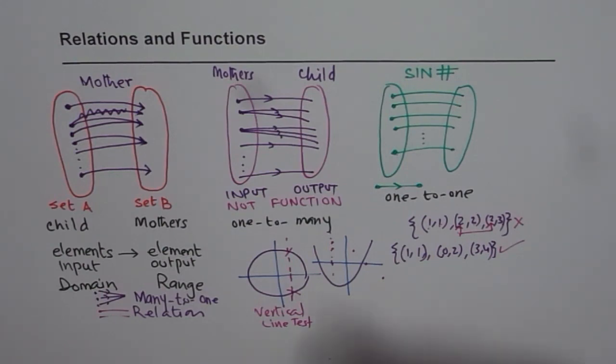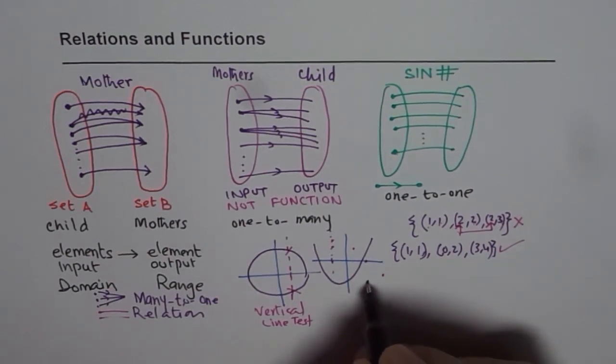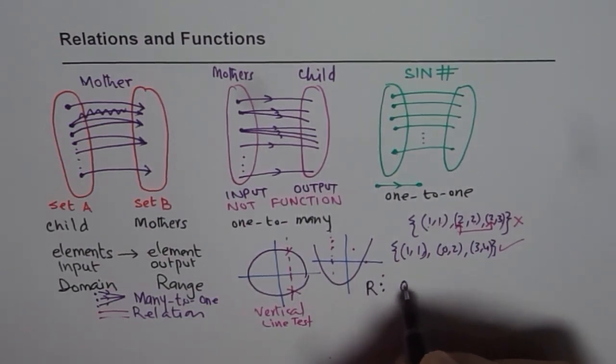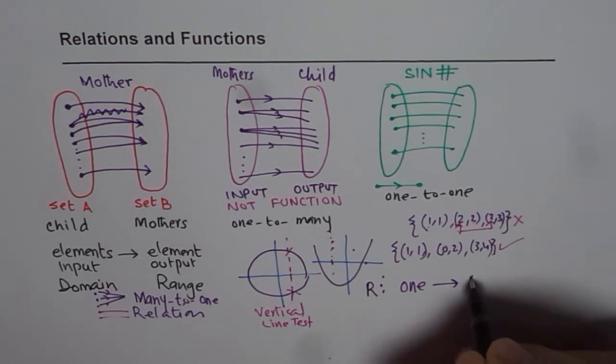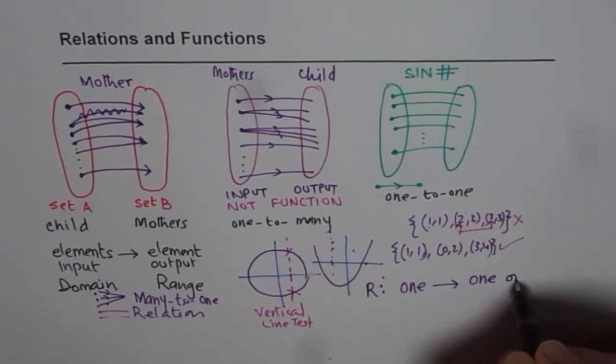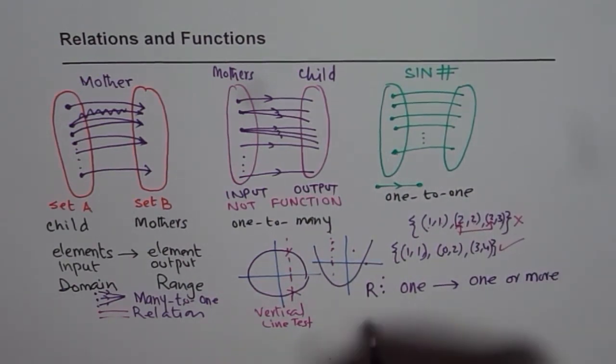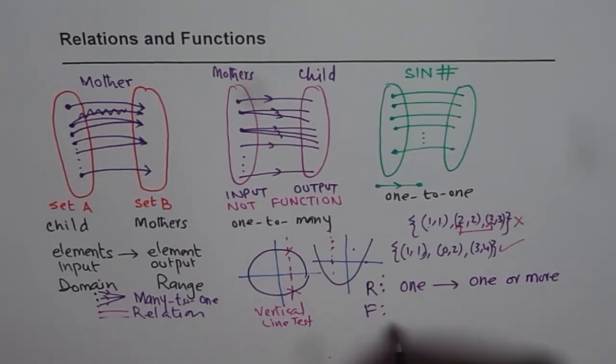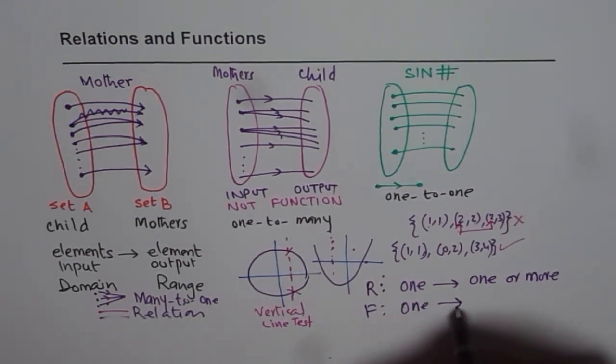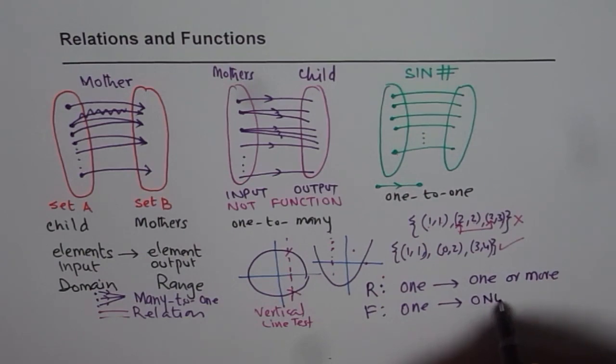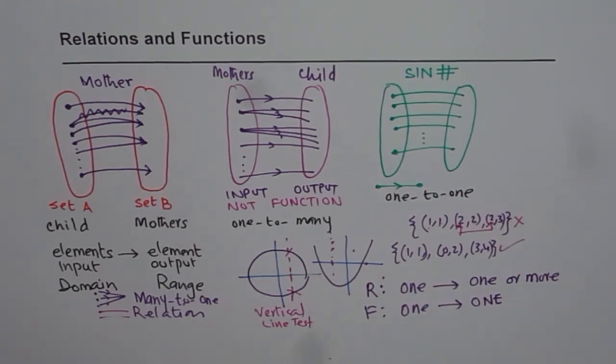So that's the key word. So we say that in a relation R, it is one with one or more, and in a function, it is one with just one. No more. That is the key thing here.